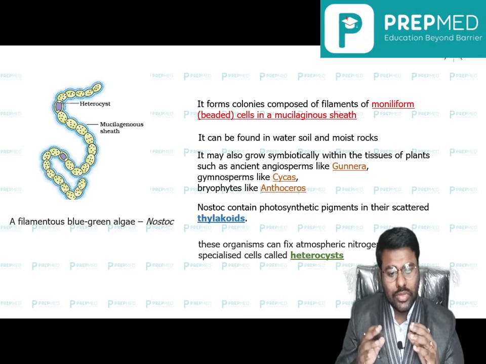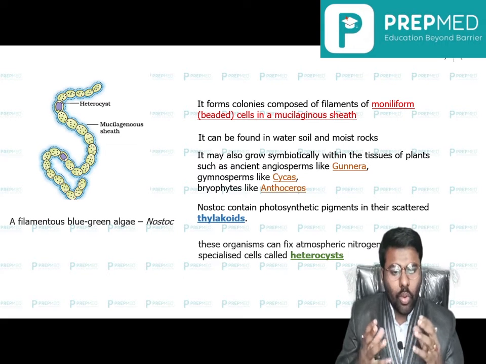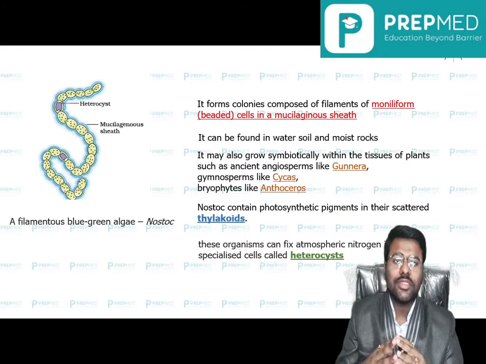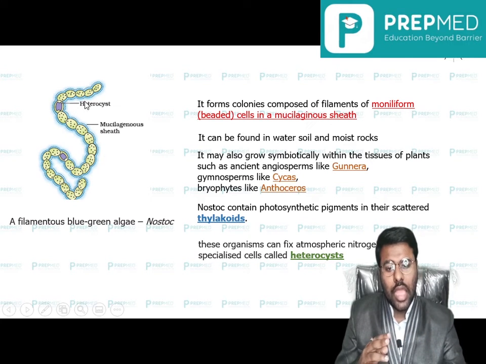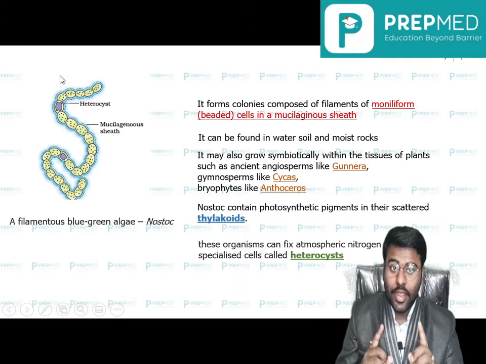Now coming to the Nostocs, where the photosynthetic pigments are present. Some say they are in the heterocysts, but it is a wrong answer.